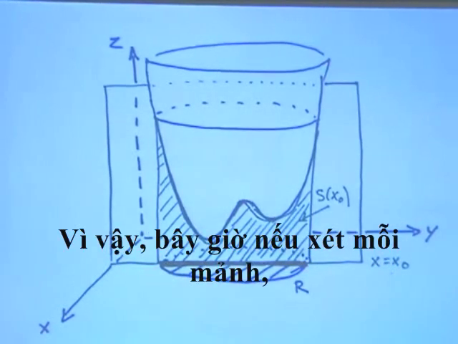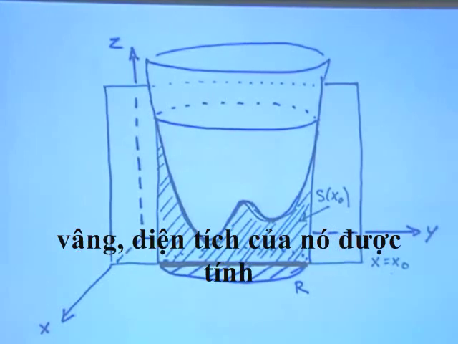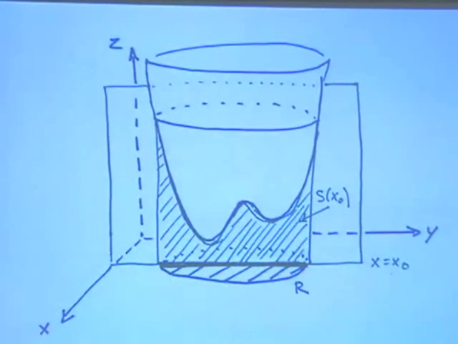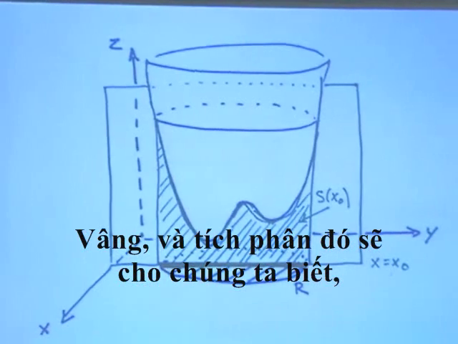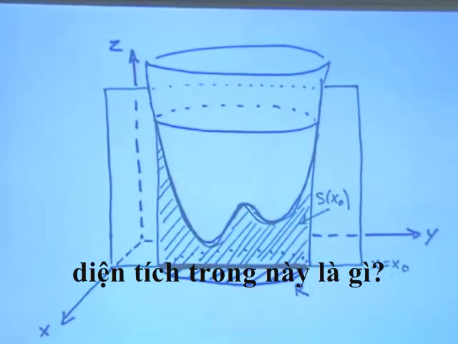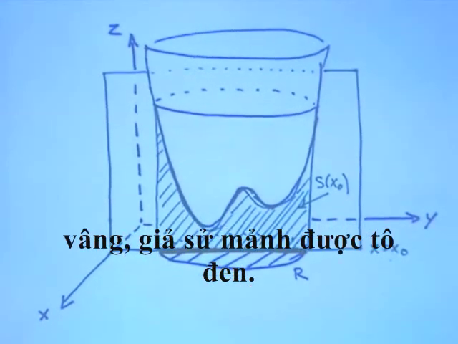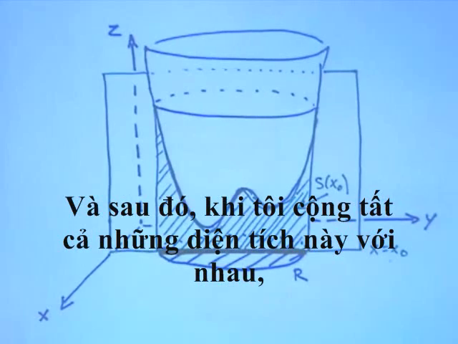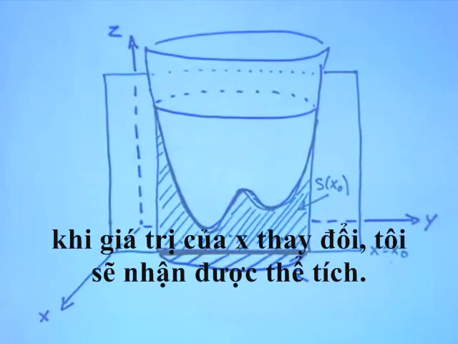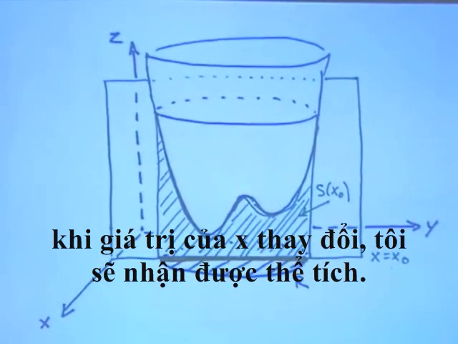Now in each slice, I get what looks a lot like a single variable integral. That integral will tell me the area in this, well, it was supposed to be green, but it all comes as black, so let's say the black shaded slice. And when I add all of these areas together as the value of x changes, I will get the volume.